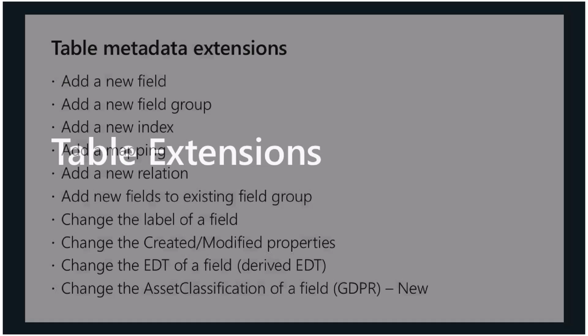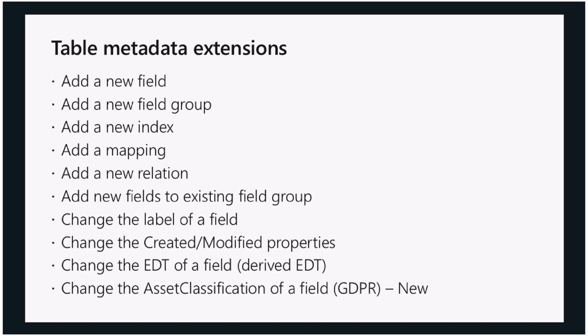A core part of any solution is data, so it's important that we provide the ability to extend tables in Dynamics 365. Let's walk through some of the options available for table extensions. As with forms, much of what we support from a metadata perspective is additive. We can add new fields, new indexes, new relations, even new fields to an existing field group.